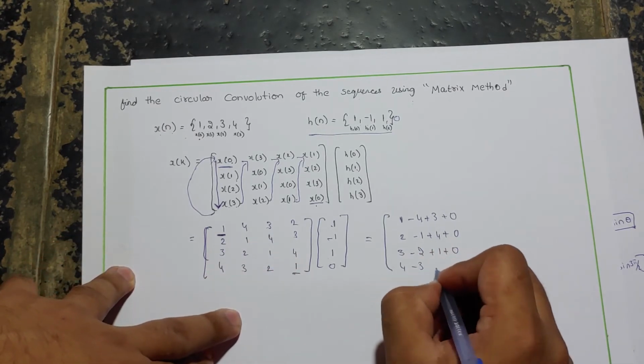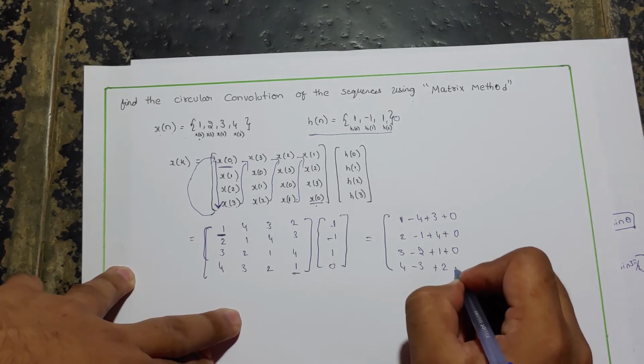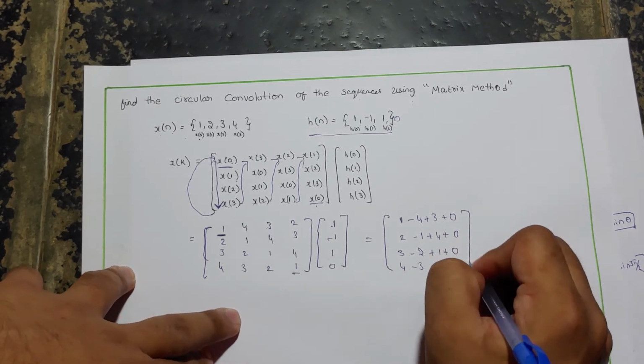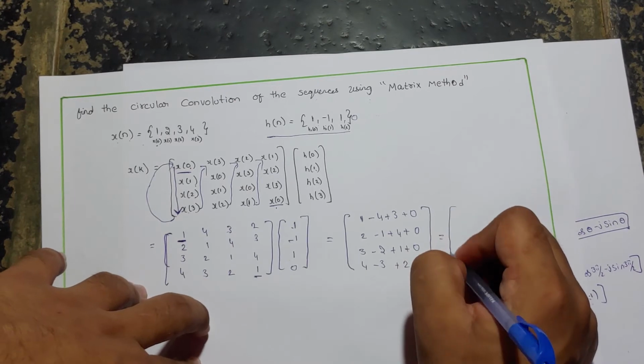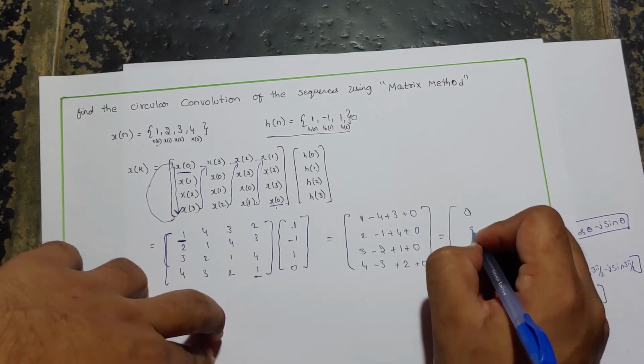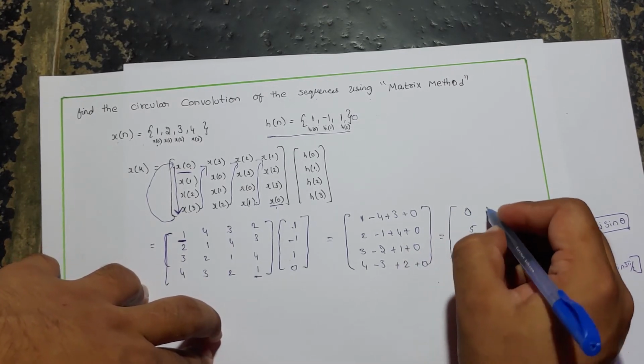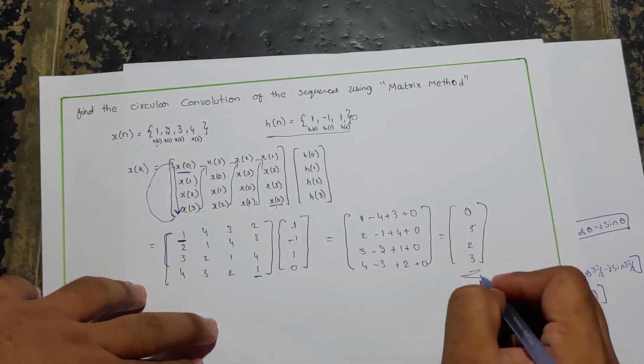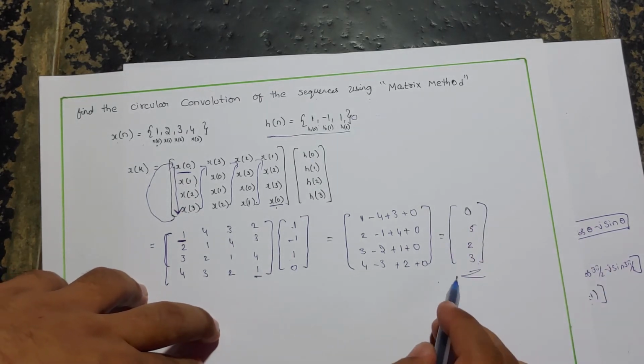We will end up with 0, 5, 2 and 3. This is our circular convoluted matrix or sequence.